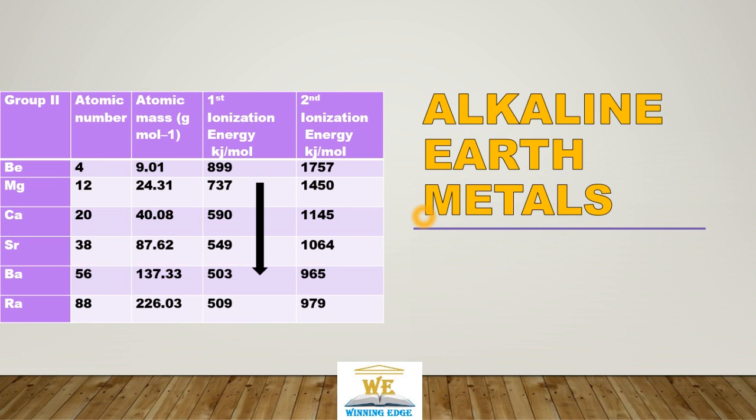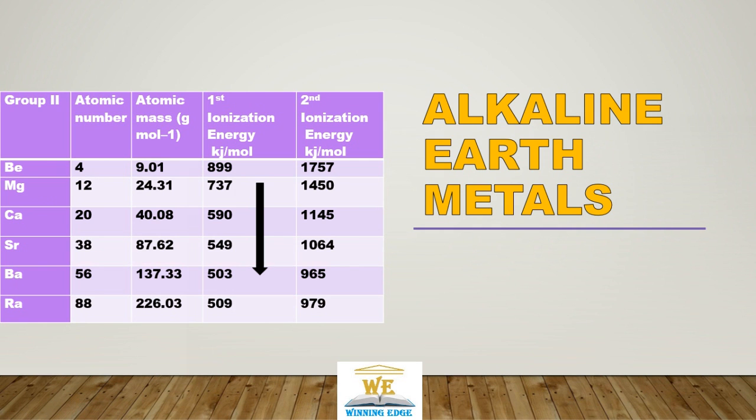Alkaline earth metals and alkali metals resemble in many ways. So let's see. We have the first element of group 2, beryllium, atomic number 4, magnesium, atomic number 12, calcium 20, strontium 38, barium 56, radium 88.